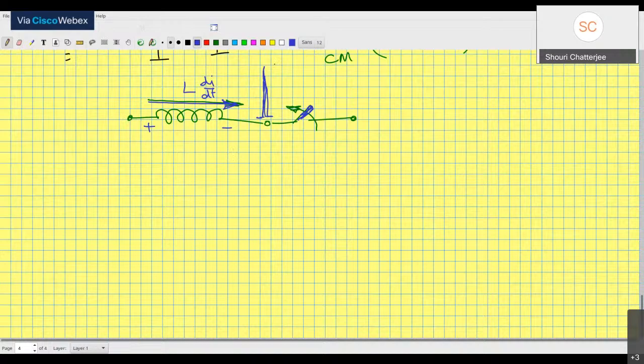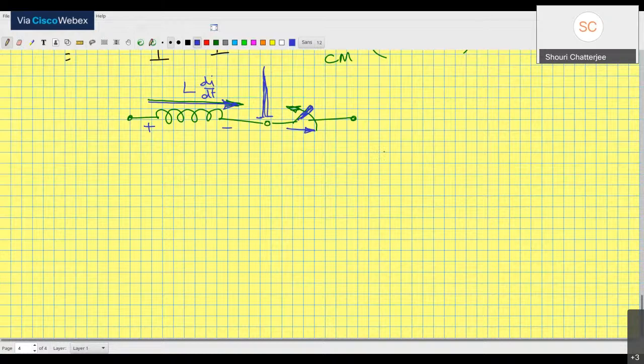So when this potential suddenly builds up, the gap of air is going to ionize with this huge buildup of potential. Once it ionizes, it is going to break down, and there will be a spark across this switch and current will flow. This is what typically happens.